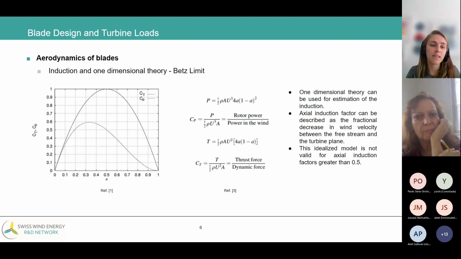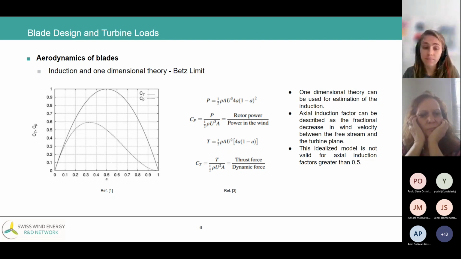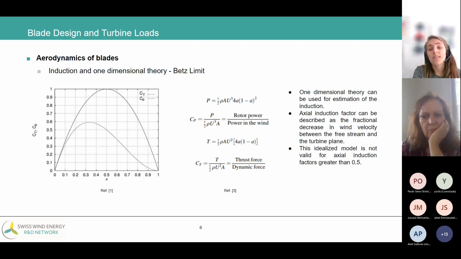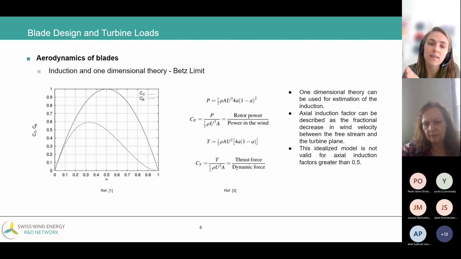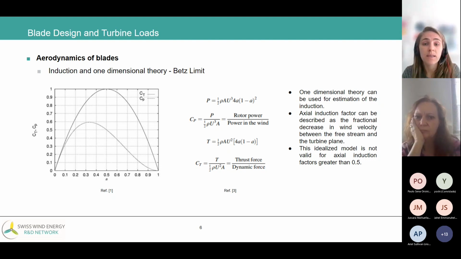How we calculate the Betz limit is by making a relation between the power that we will extract from the wind, but also the thrust that the turbine will experience due to this extraction of the power.